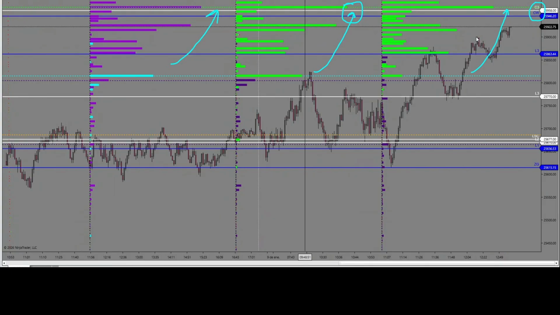Price makes a higher high, starts to pull back to this zone L3 that coincides with this gamma and starts to go higher. Maybe you can take another long position here, take profit here, and another level to take profit is the call wall C3 or this level. 1, 2, 3 kinds of positions that you can take in this session.